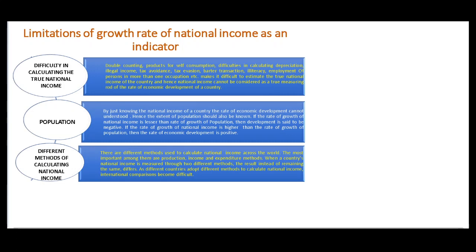First one, there are total 3 limitations. First one is difficulty in calculating the true national income. Means we face a lot of difficulty while calculating national income. Now what type of difficulties are there, that we will see in this table.